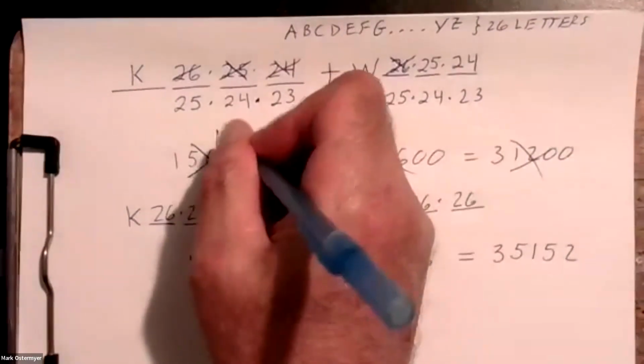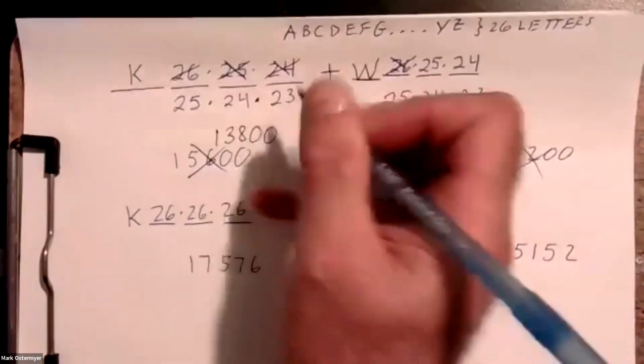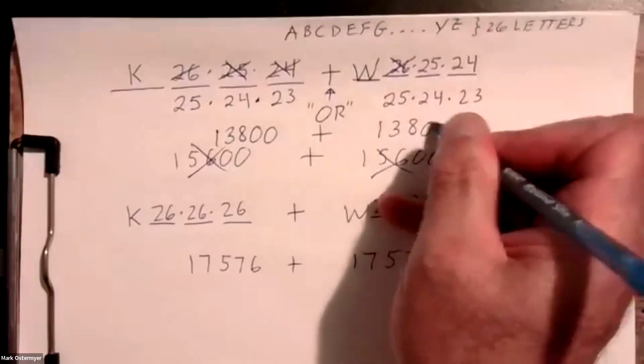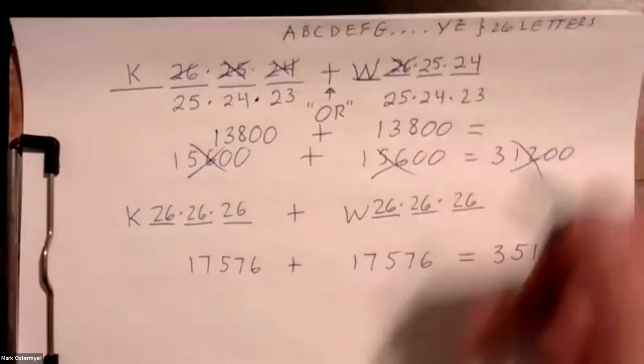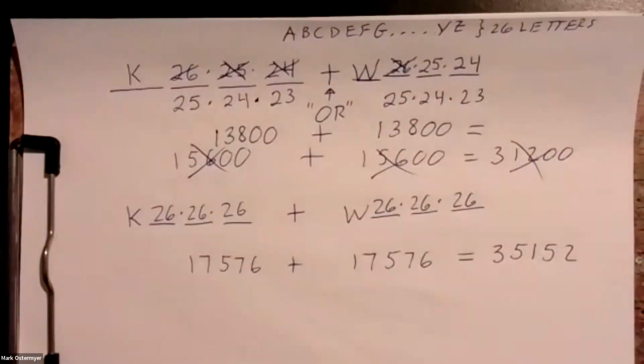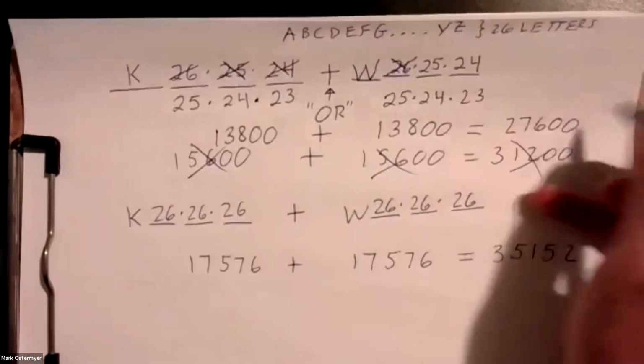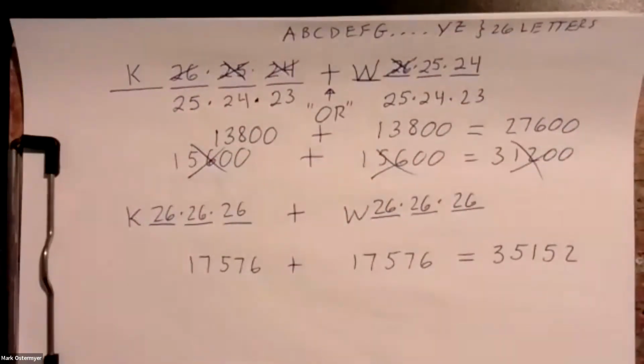So there's 13,800 different call signs that begin with K, and there's 13,800 different call signs that begin with the letter W. Add those together, and totally there would be 27,600 different call signs that either begin with the letter K or W, totally.